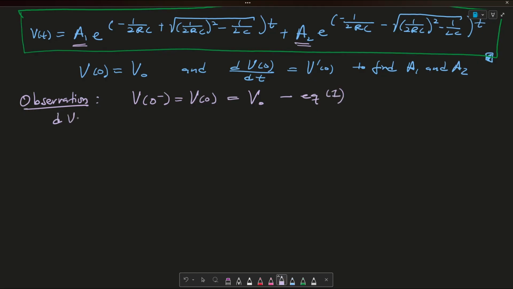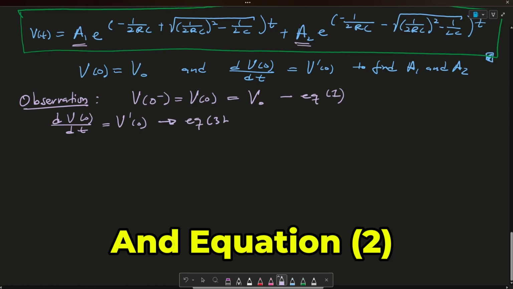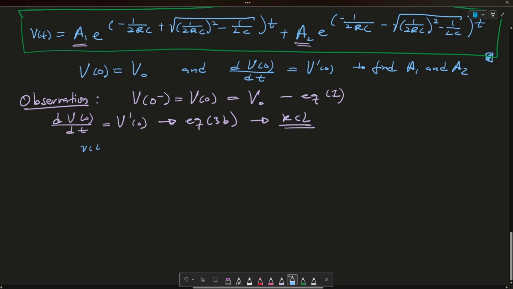Now to find dV0 over dt, or V prime of 0, or the change in voltage throughout my capacitor, we need to look at equation 3b. Essentially, this was that KCL equation we wrote down in the beginning of the video. And if you recall, we said that equation 3b says V of t over R plus 1 over L integral from negative infinity to t, V of t dt, plus C dV of t over dt is equated to 0.